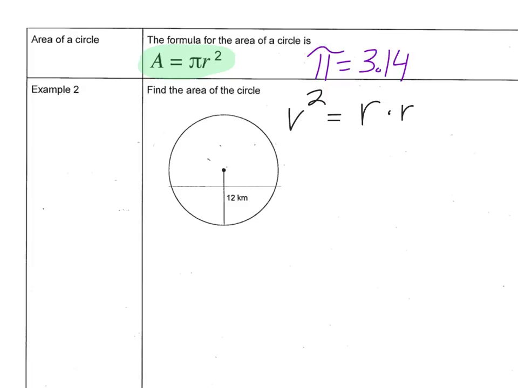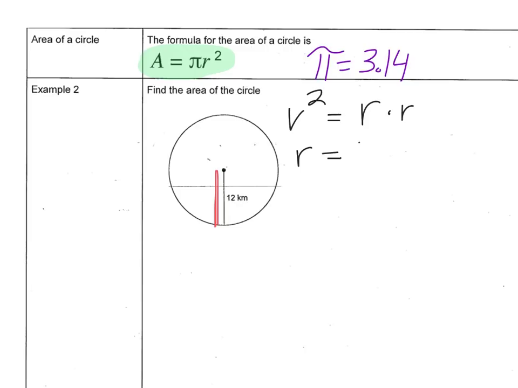So I'm going to say, what is my radius? I want to think to myself, is what's given to me right here a radius or a diameter? It goes from the center to one endpoint, so it's a radius.